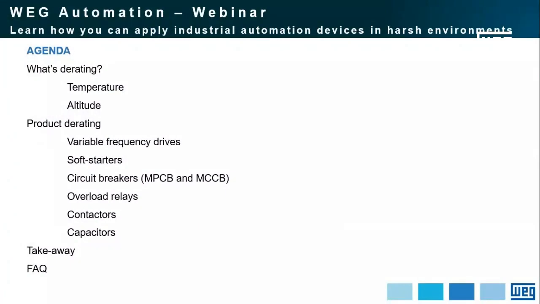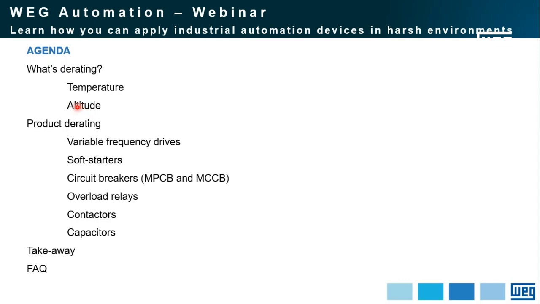Before I start, I would like to give a short agenda of today's webinar. I will start by saying what derating is, when you use products in harsh environments, and what the main factors for product derating are.